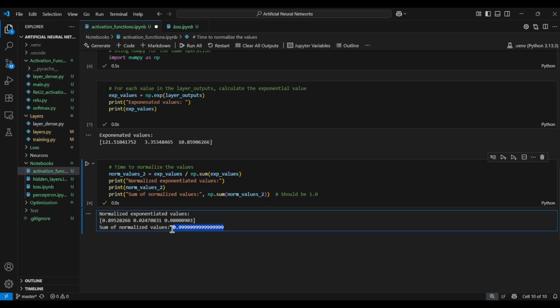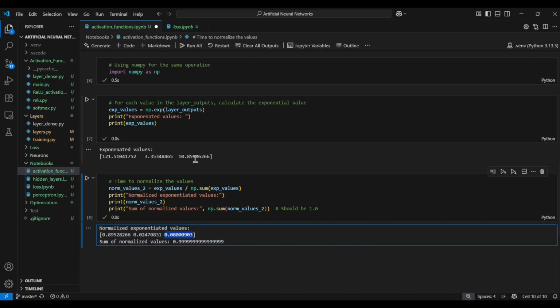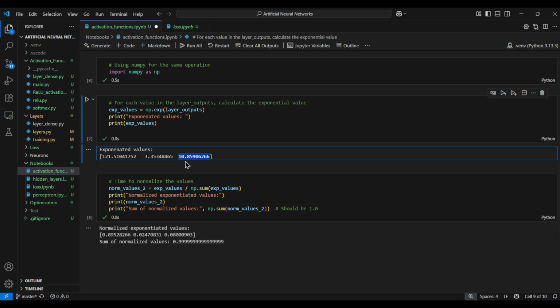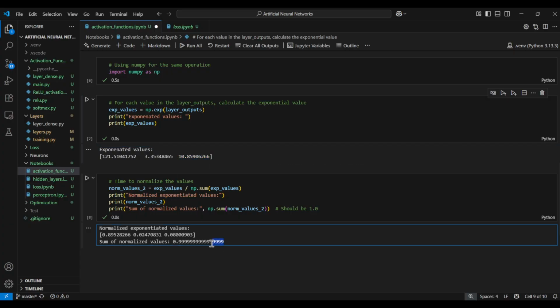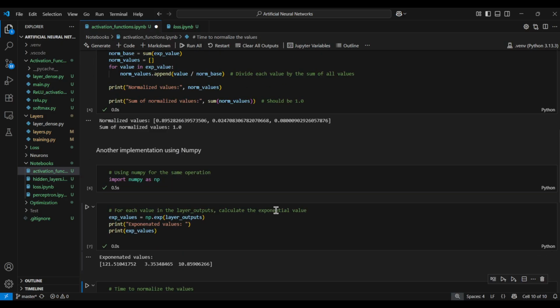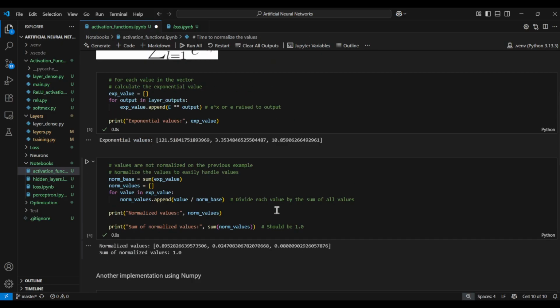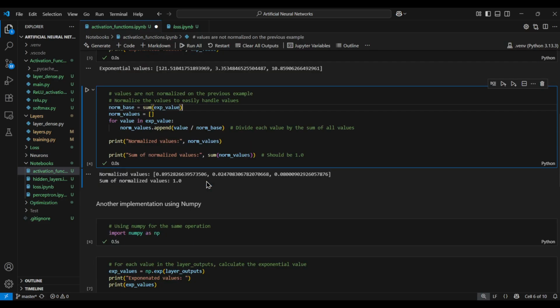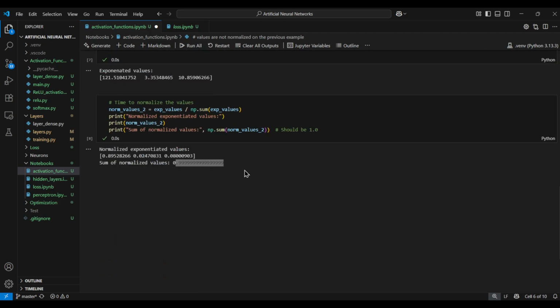So our normalized values are slightly lower, it might be because of the truncation of the decimal points. However, that's passable because the difference there is 0.00000001 and so on. Okay, so that's it for activation functions. Very easy to do. There are a lot of Python codes for that as well.